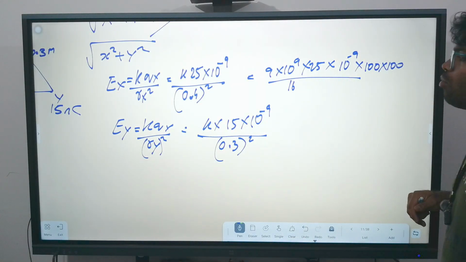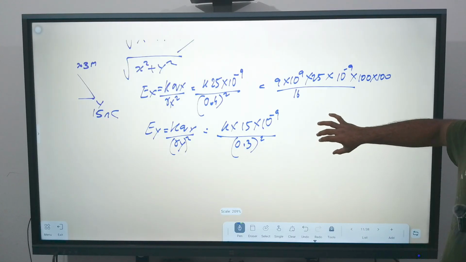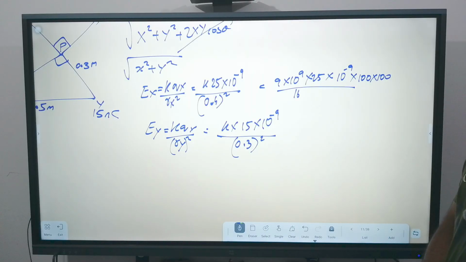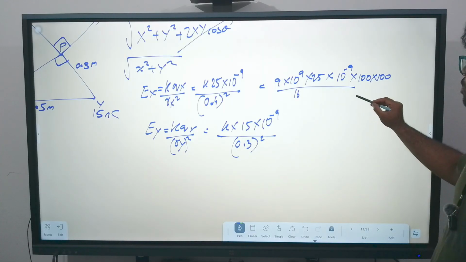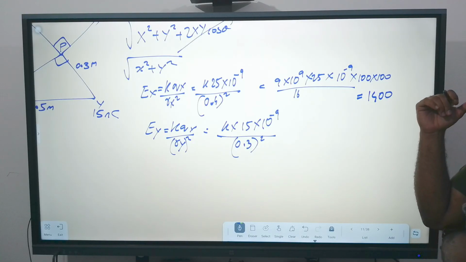Something like that. Yeah, that is correct. And the other one, Ey, becomes equal to what? So Ex becomes equal to 1400 and Ey becomes 1500.